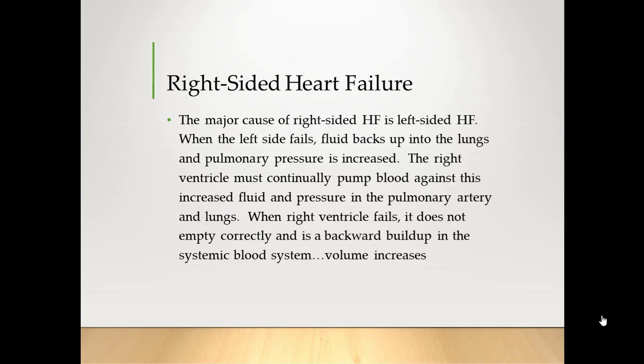Right-sided failure, since left-sided is lungs, right-sided usually affects the lower extremities. The biggest cause for right-sided heart failure is left-sided. Like I said, the left side works harder than the right side, so the left side will give out first, and when one side gives out, eventually the next side will follow.